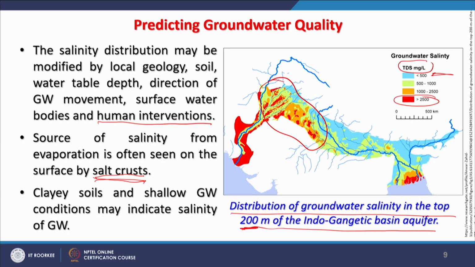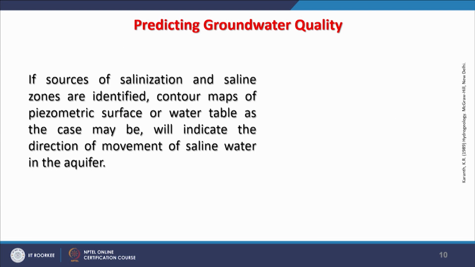Further, the soils also play a very important role in such situations. Clayey soils and shallow groundwater conditions may indicate salinity of groundwater, because these clayey soils do not allow the water to go completely downward. Shallow groundwater conditions are there, water is not going down, and because of capillary rise water is coming up, bringing salt; water gets evaporated, salt is left on the surface and creates a salt crust.